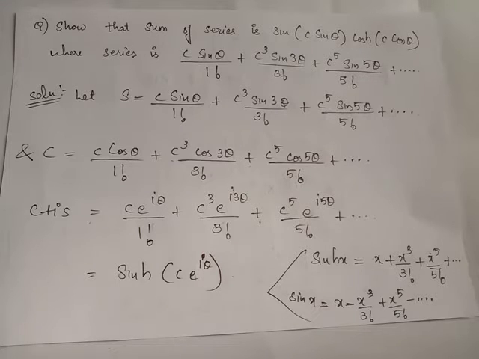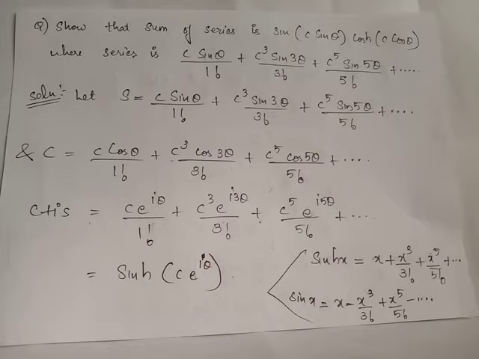We have cos theta plus i sin theta equals e raised to i theta when we group the first terms of C and iS. We have cos 3 theta plus i sin 3 theta replaced by e raised to i 3 theta by the application of Euler's identity when we group second terms of C and iS.